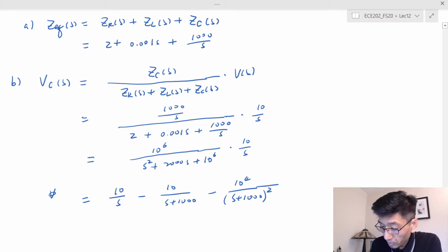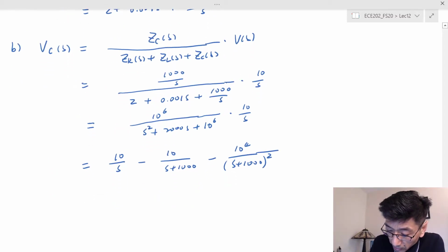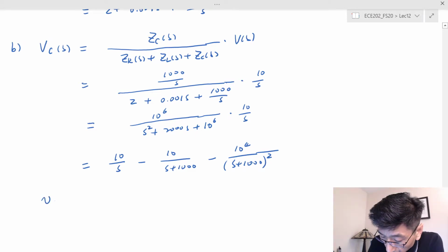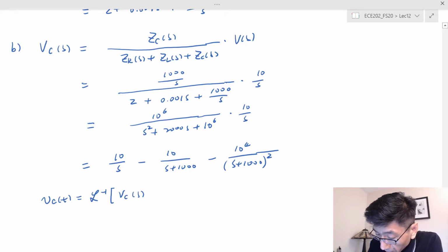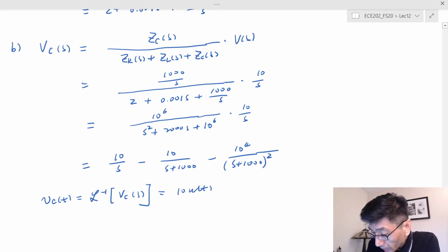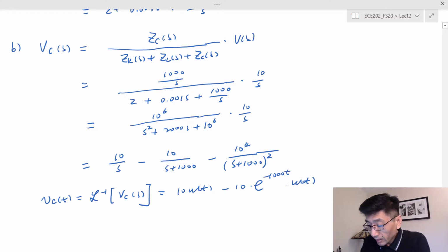And here you can do the inverse Laplace transform, and V sub C of t is the inverse Laplace transform of V sub C of S, right? So in this case you have 10 u(t), minus 10 times e to the minus 1,000 t u(t), right? And this is based on the S-domain translation property.